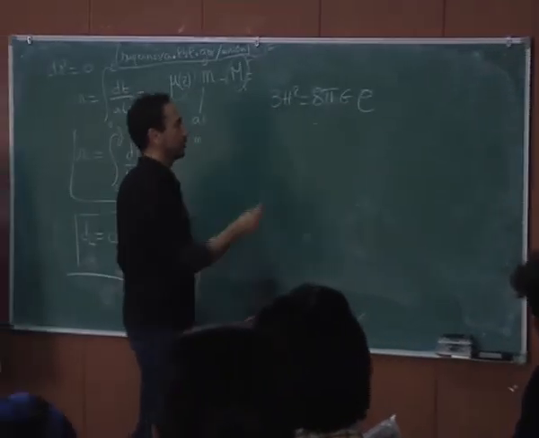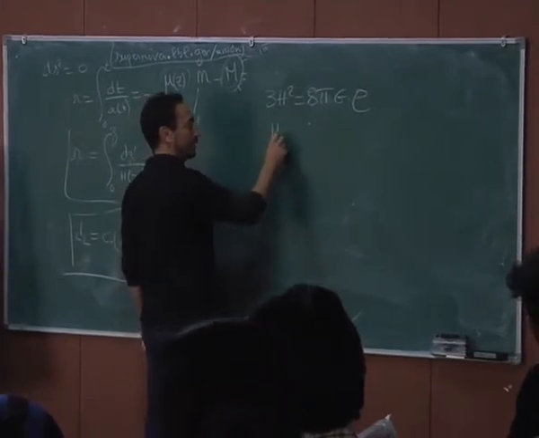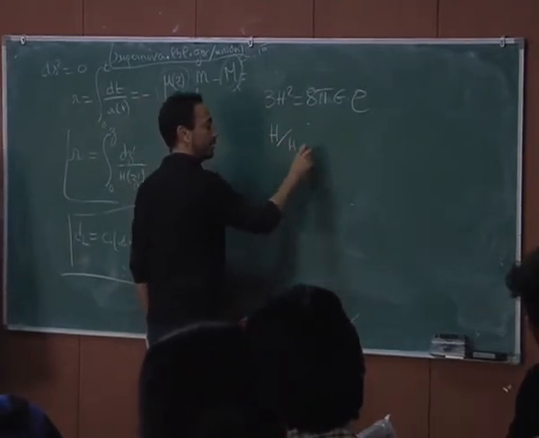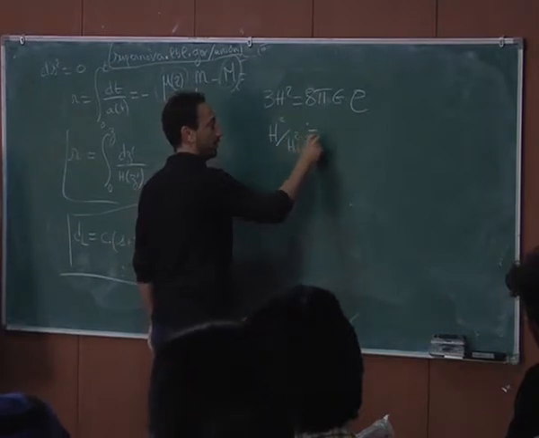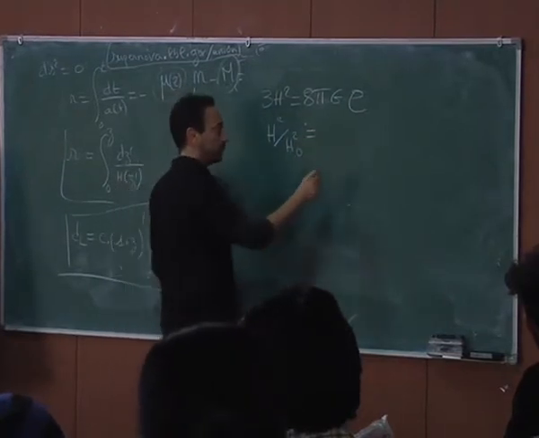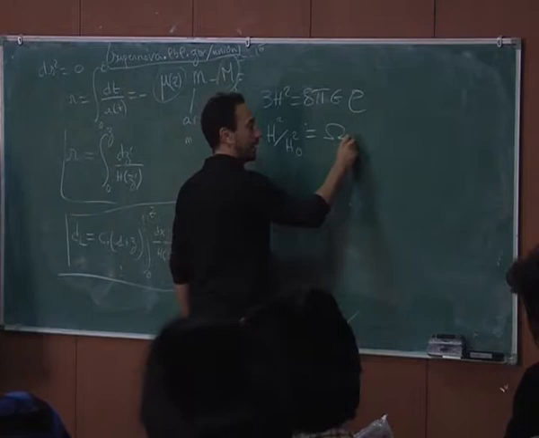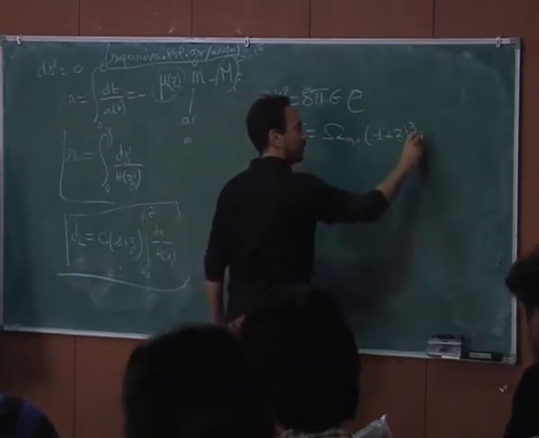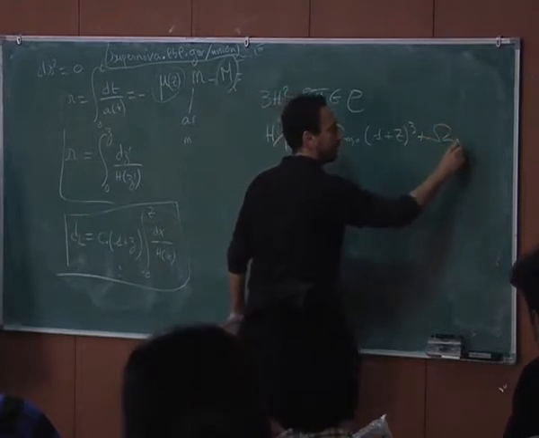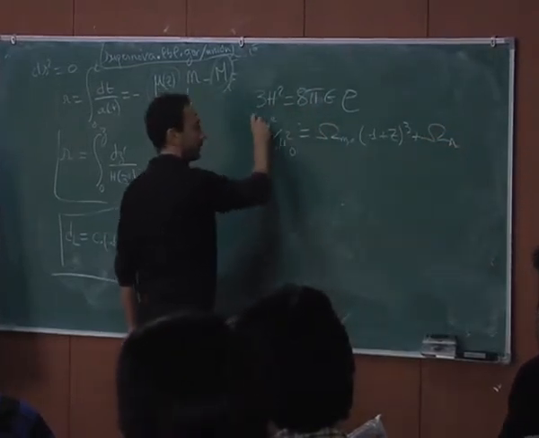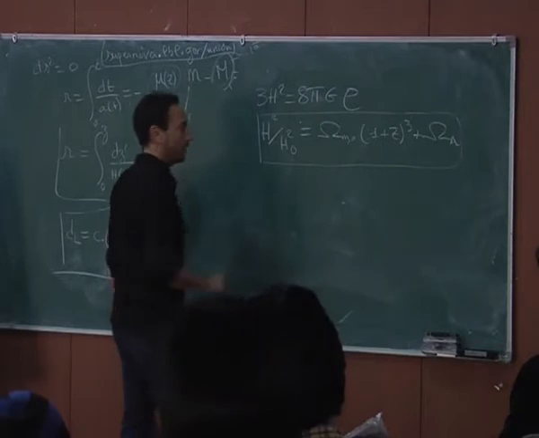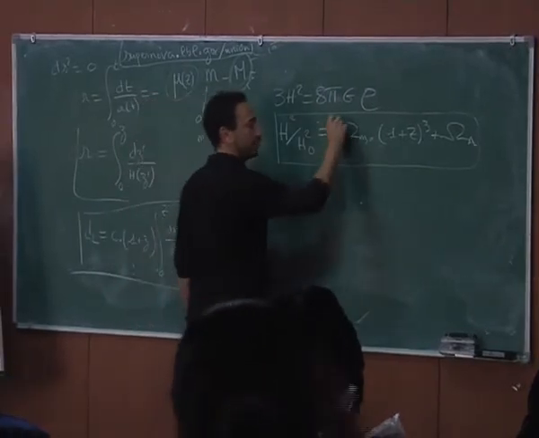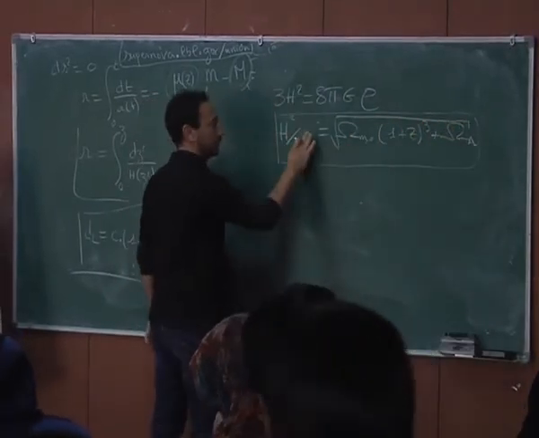And so from that, we could write it yesterday like h divided by h0, squared, is equal to some omega m0, 1 plus z cubed, and some omega lambda if I have a cosmological constant. So h is just the square root of this.